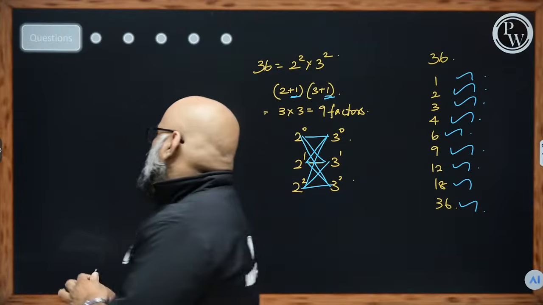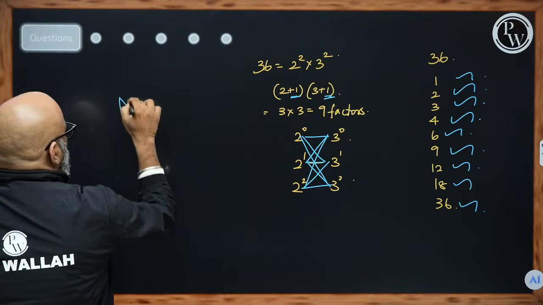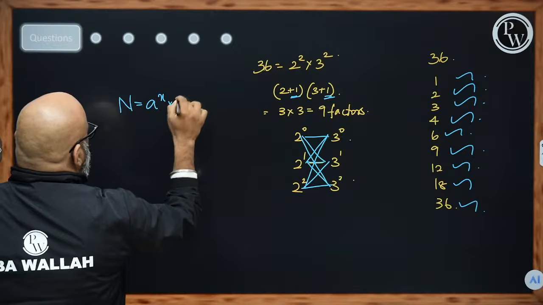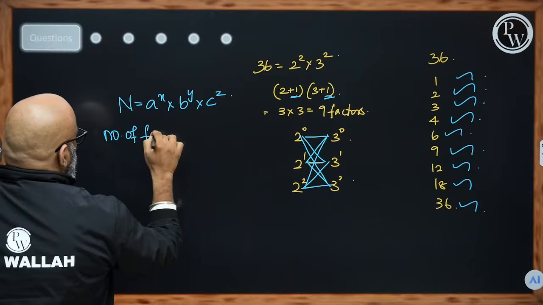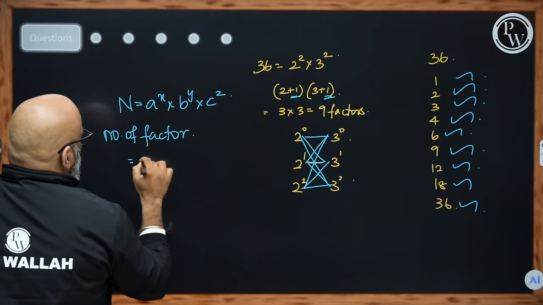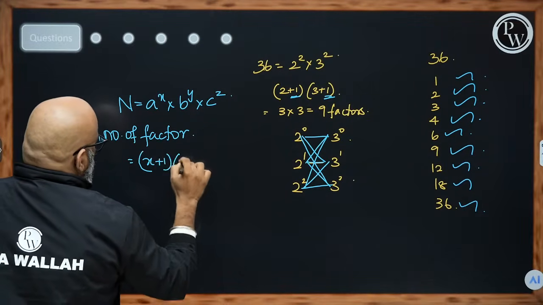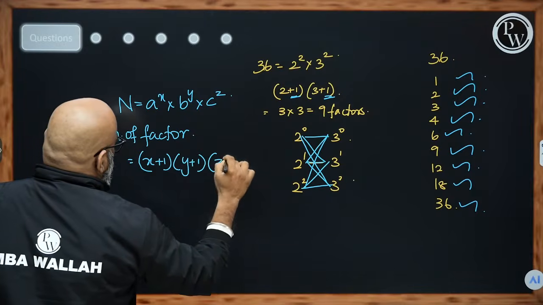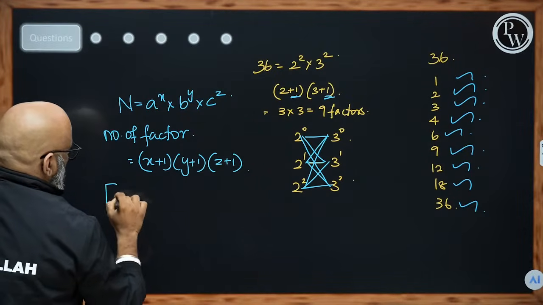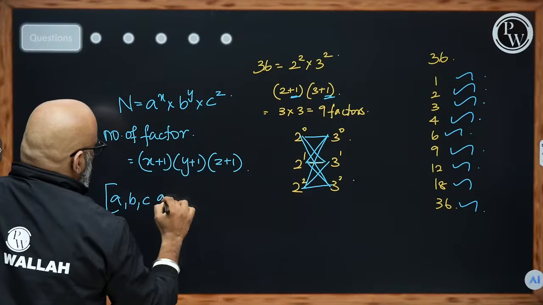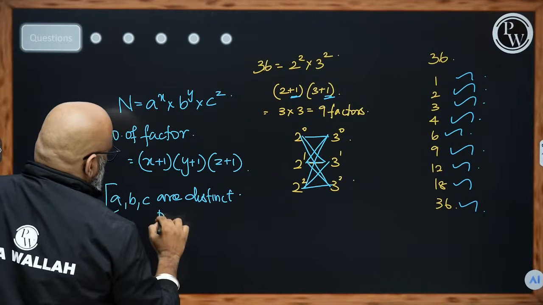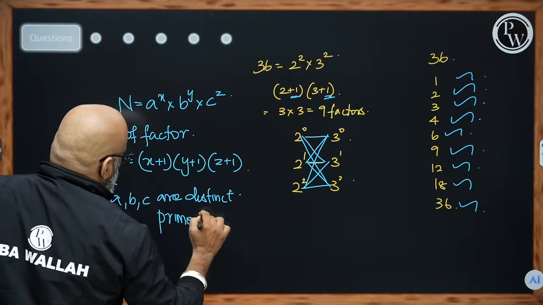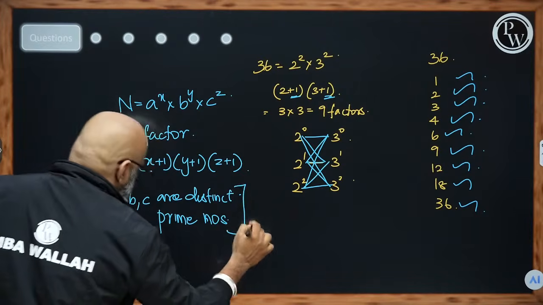The generic rule that we say is, if any number is of the form n is equal to a power x into b power y into c power z, the number of factors is equal to x plus 1 into y plus 1 into z plus 1. Very importantly, a, b, c are distinct prime numbers, not just any prime numbers. They have to be distinct prime numbers.